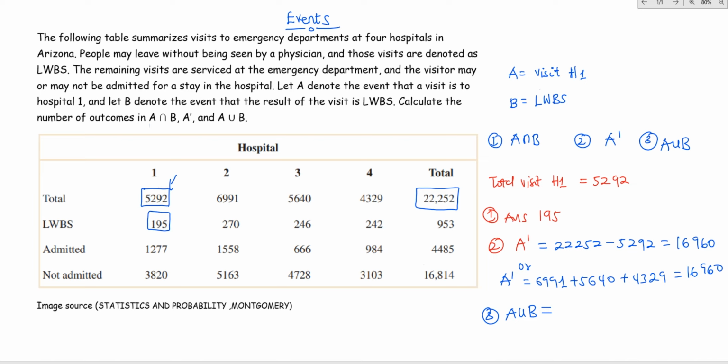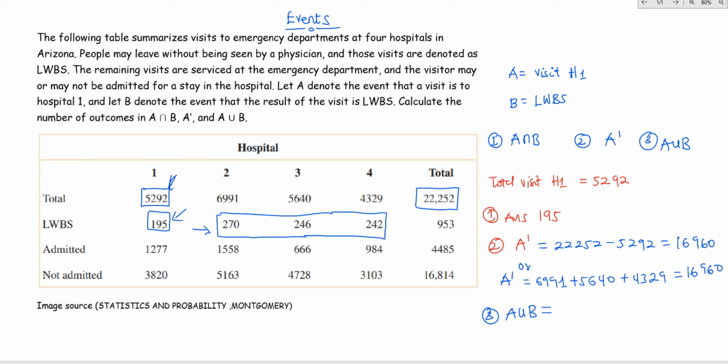That would be the sum of all the people not attended to in the other three hospitals plus the total number of people that went to hospital one. We are not adding the 195 because it is already in the 5,292. If you add it, you've added it twice. So you add all of them without including it, or you can subtract the 195 from the 5,292 and add it to the remaining. That will also give you your answer.